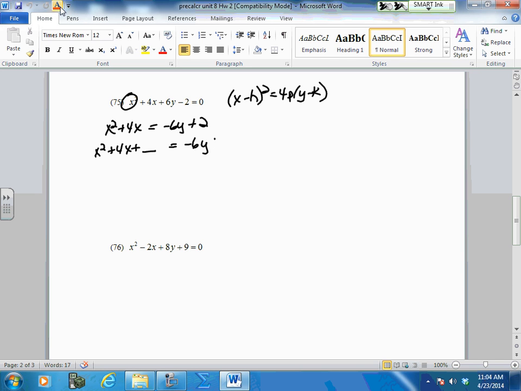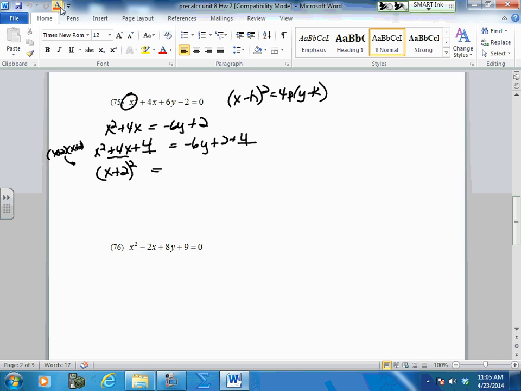If you add to one side, remember you have to add to the other side. So now, what's half of 4? 2. This is where you build your perfect square. What's 2 squared? 4. Now, that factors into x plus 2 times x plus 2. See how you got your perfect square? X plus 2 squared. We made that perfect square.